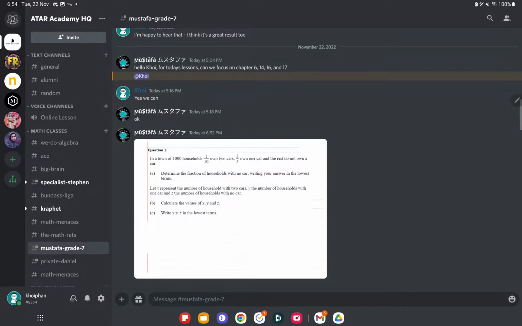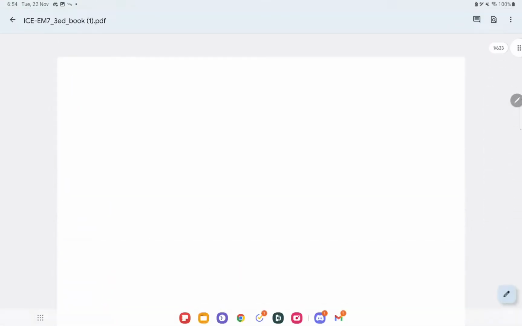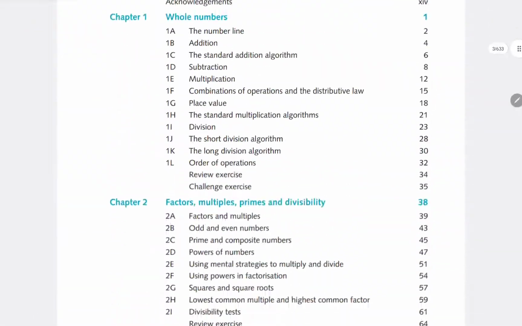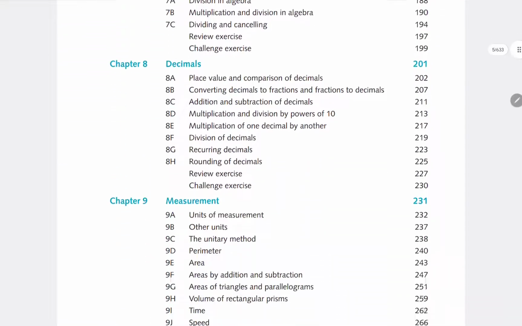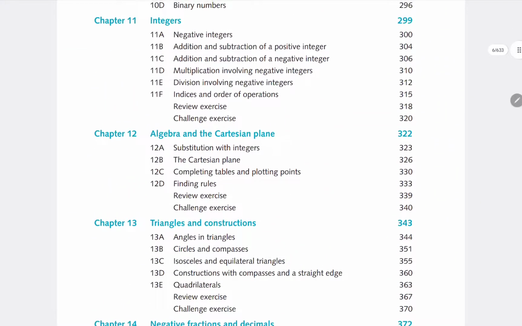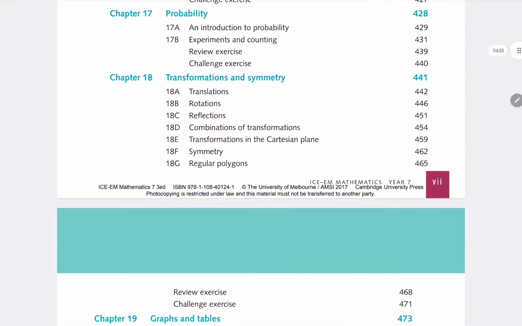Find the perimeter. What chapter would that one be? Let me see. Construction or visual equation probability.